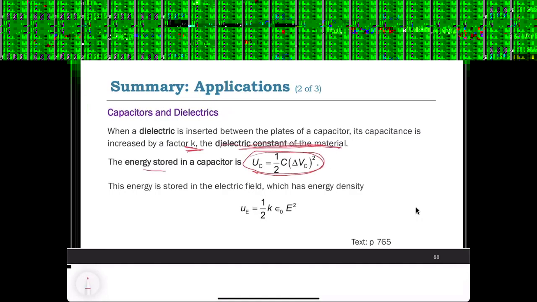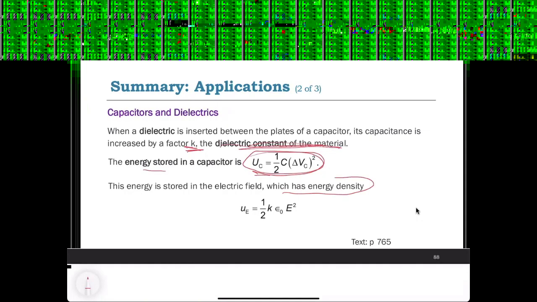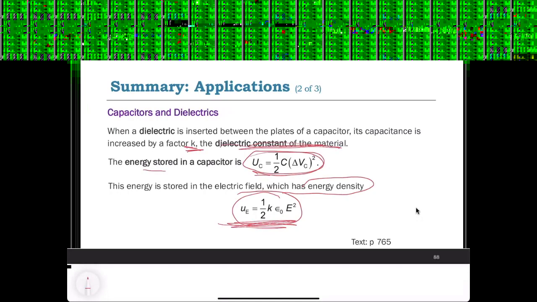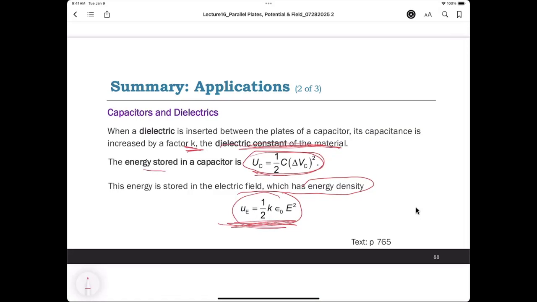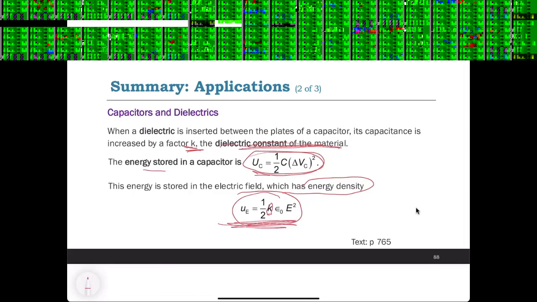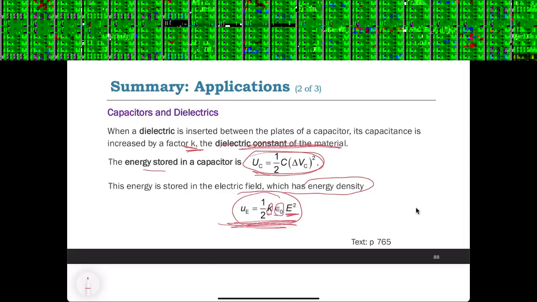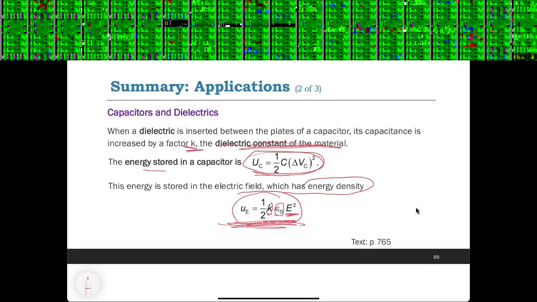The energy is stored in the electric field, which has an energy density. We can use this equation to calculate the energy density, where K is the dielectric constant of the material, this is the permittivity constant, and this is the electric field.